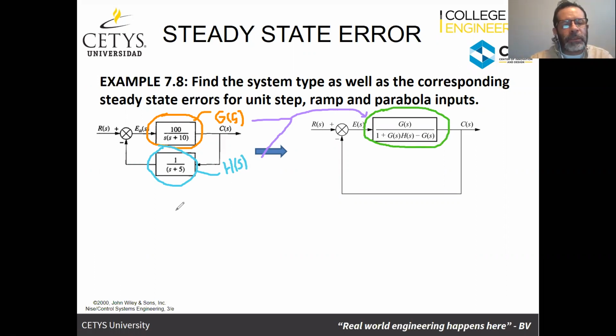And it's going to be G of S, which is 100. I'm going to write it down with colors. That'll make it more fun. So it's going to be G of S, which is 100 over S plus 10. Try to follow along and do this on your notes.